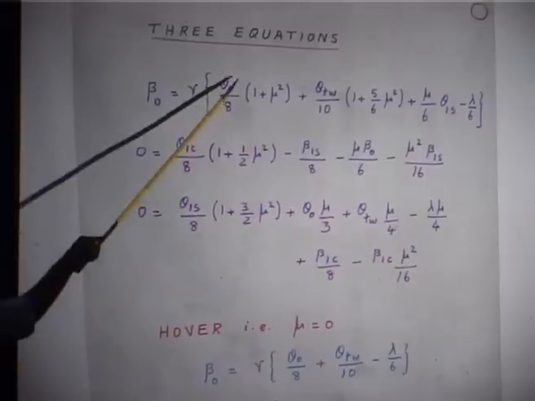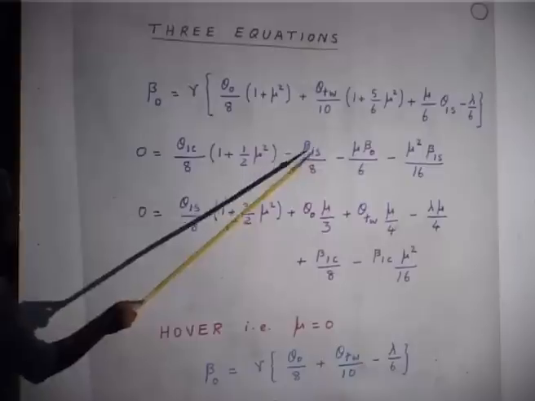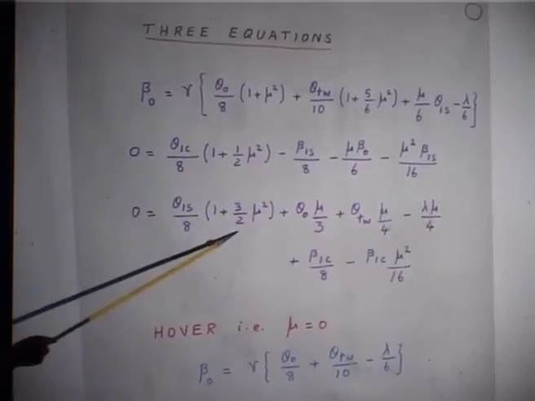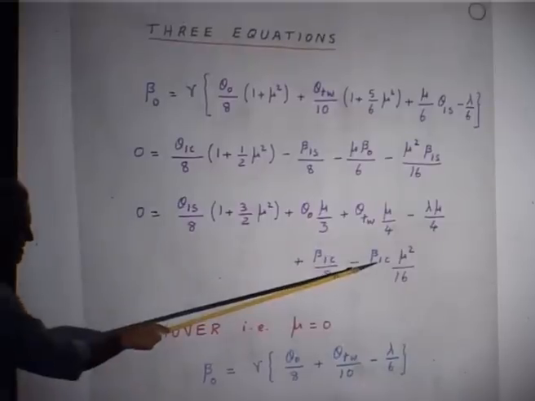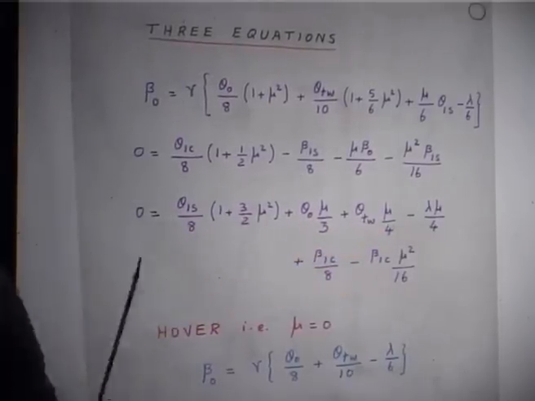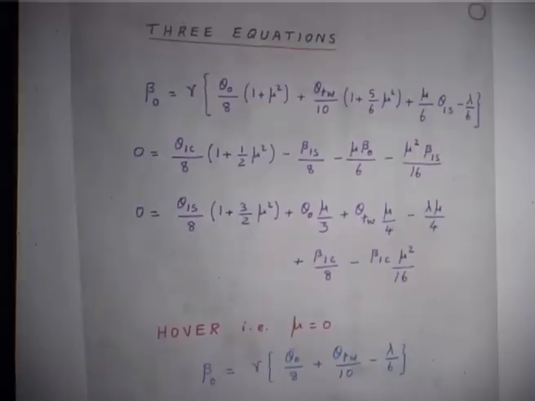That means you have to get this value, put it back here, then you can get beta 1s. Similarly, when you go here, you can get beta 1c. You take all the terms on that side, you get beta 1c. You have to solve this equation. This is for centrally hinged. Please understand.